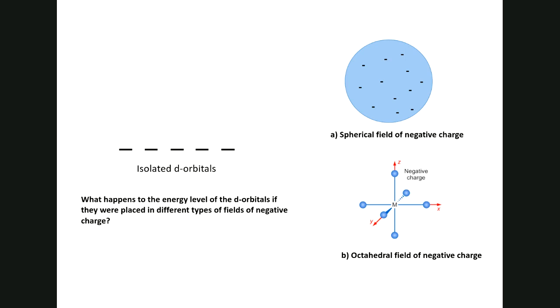The first one we're going to investigate is what happens if we put the d orbitals into a sphere of negative charge. What will happen to the relative energy? And the second one is what will happen to my d orbitals if I place them into a field of negative charge that has the shape of an octahedron. So think about it. What do you think is going to happen?